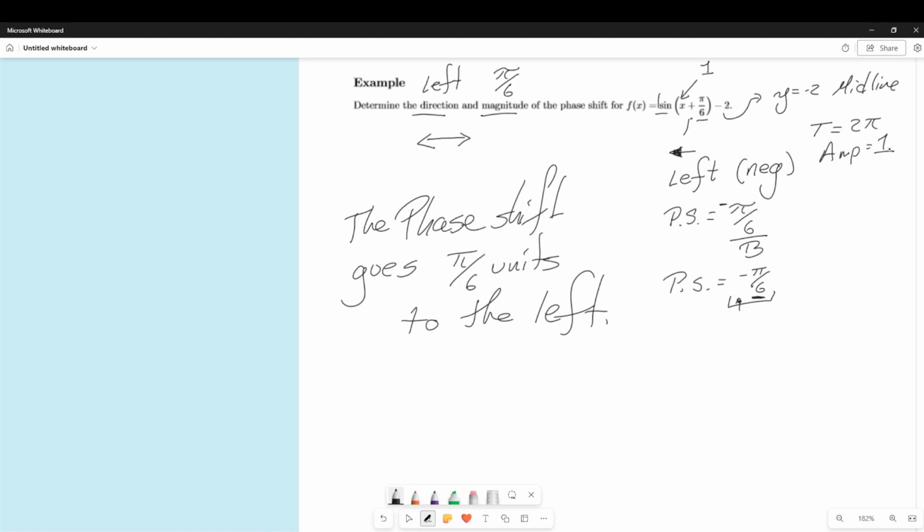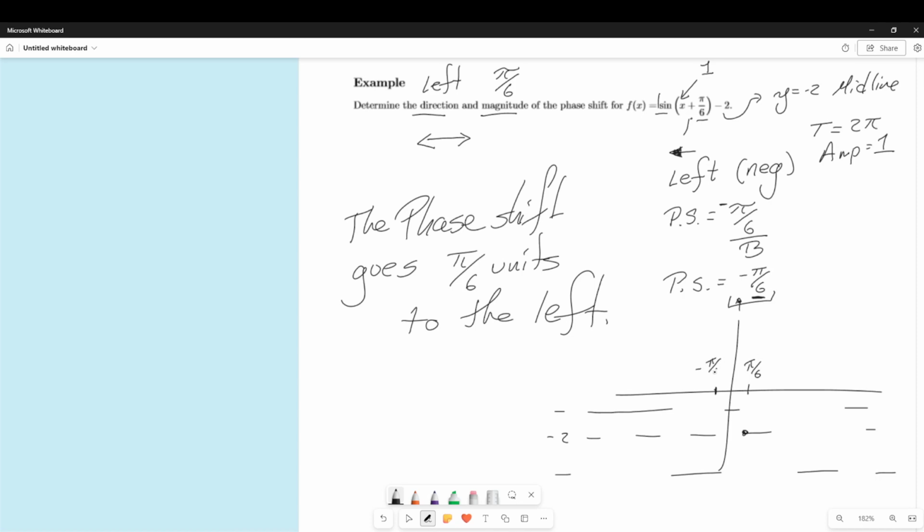And given all that, we could graph it. That makes me want to graph it. So the midline is at -2, amplitude of 1, so we go from -1 to -3, so our function's going to be trapped in between there. We start at pi over 6, but it went to the left, so it's over here.